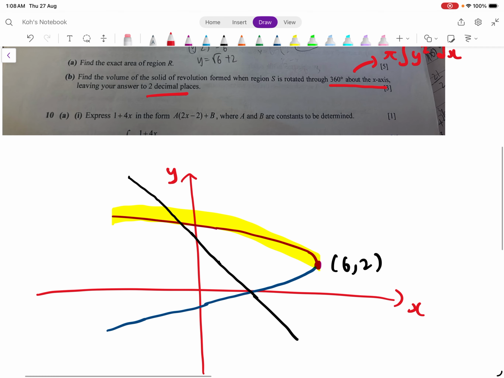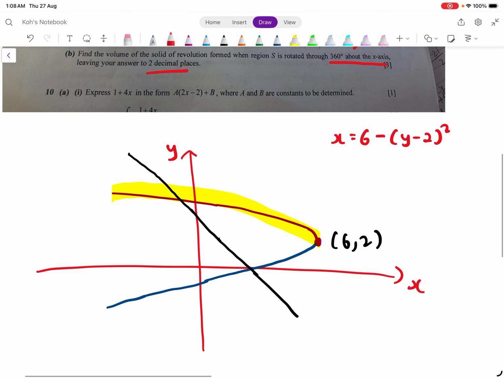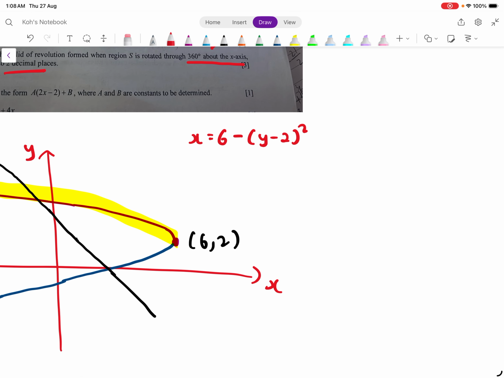Okay, so let's write down: x = 6 minus (y minus 2) bracket square. Then I make y the subject, so I move this whole thing to the left hand side. This leaves (y minus 2) bracket square equal to 6 minus x.